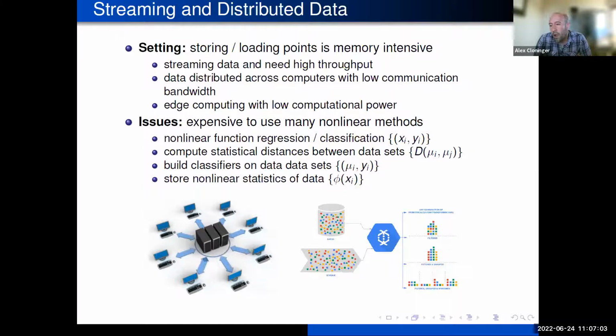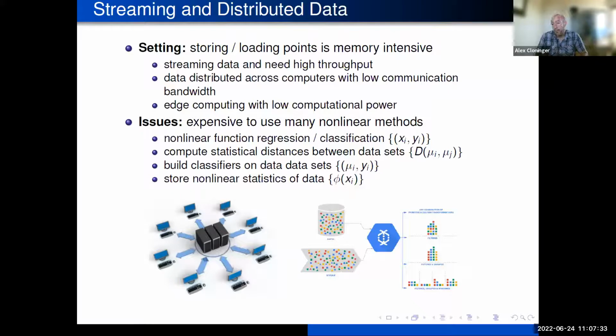But there are a lot of problems if you want to apply these in a setting where data is distributed or streaming. Storing and loading data points can be quite memory intensive. Maybe you need a high throughput of the data. Maybe your data is distributed across computers and there's not a high bandwidth for communication between the computers, even to just a central source.